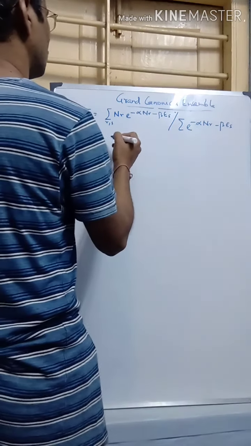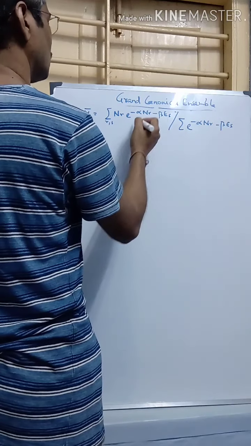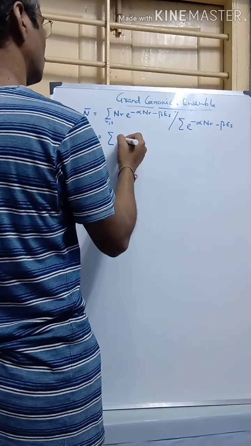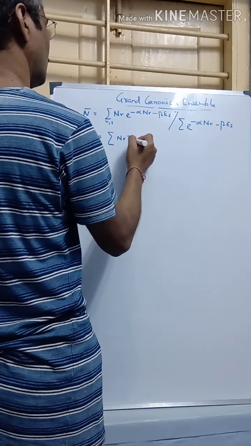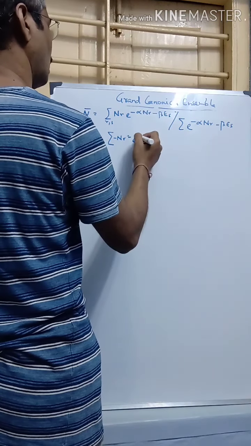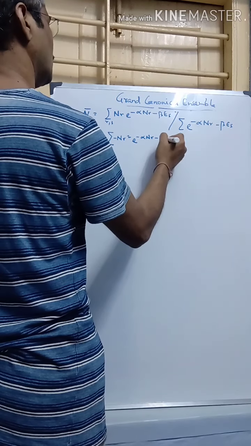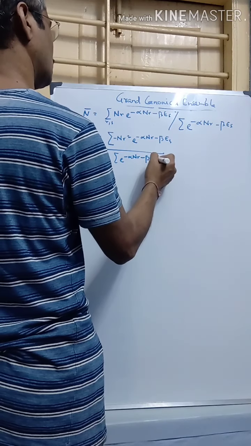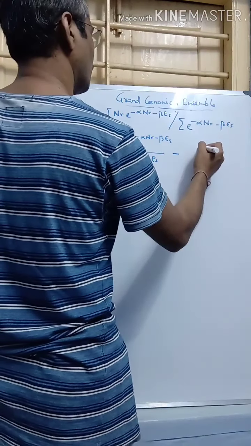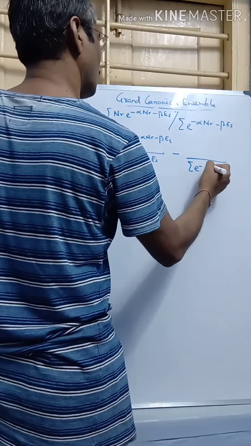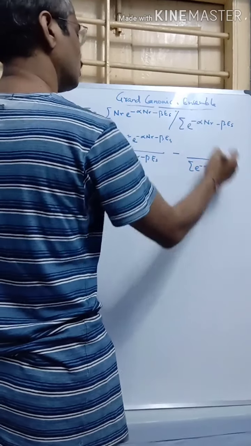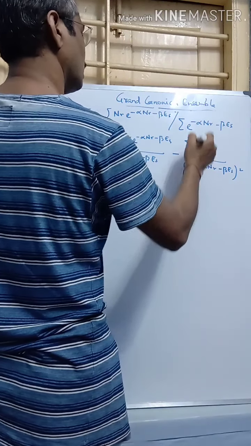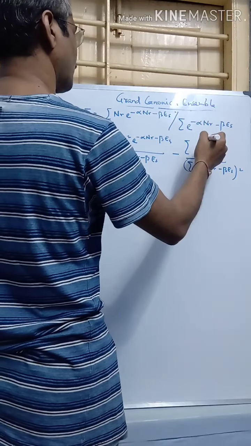The first term gives us N_r square e to the power minus alpha N_r minus beta E_s over the same denominator, with a minus sign, and then there is another term from the derivative of the denominator, which also contains alpha, giving 1 by the whole thing squared.